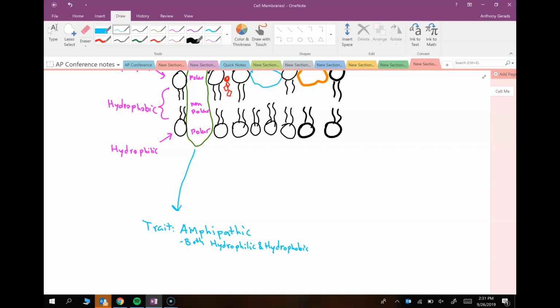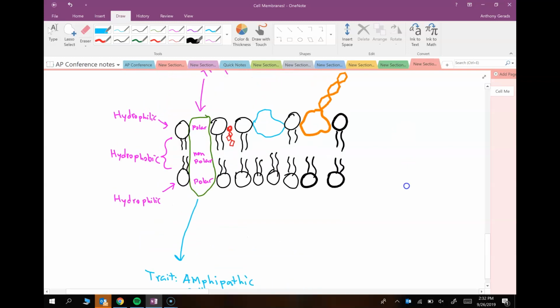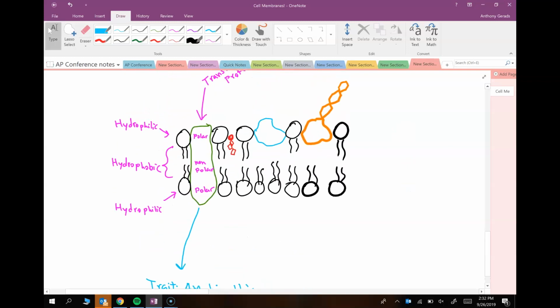Were some of the beads non-polar? Yeah. So it causes itself to fold a certain way. The same thing happens with this transmembrane protein. Some of the amino acids are going to fold away so the polar ends are on the outside, because there's water on the inside of the cell and water on the outside of the cell. It's going to orient itself so the non-polar amino acids are on the inside. That's what's called amphipathic, meaning it's got areas of polar and areas of non-polar.